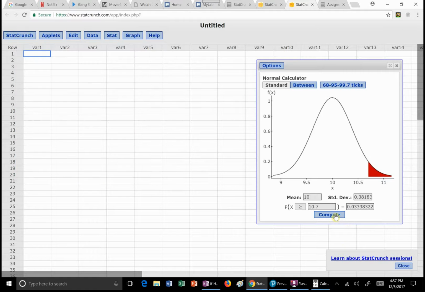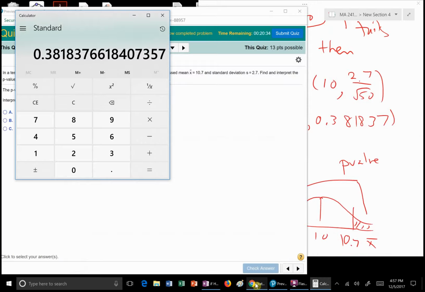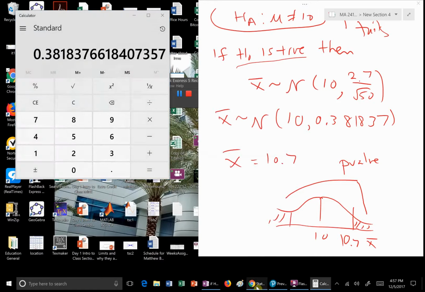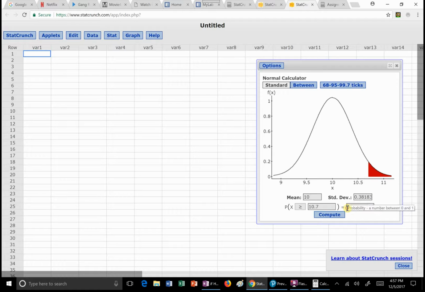Okay. Now, I need to multiply it by 2. So 2-tailed, that's when the alternative is I'm testing it's not equal. I'm testing both tails. So 2 tails means I multiply this by 2. So how many decimal places do they want? 4 decimal places, okay. So let's go back to this. And I'm going to multiply that by 2.